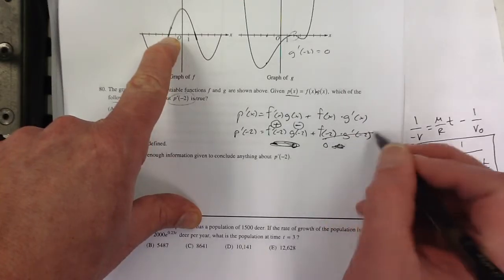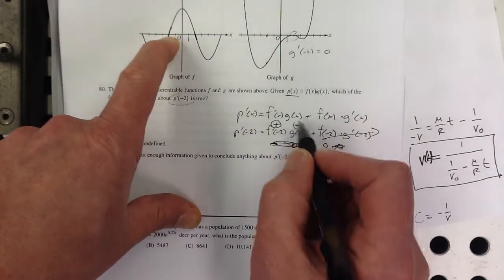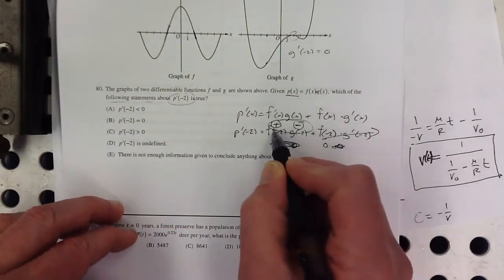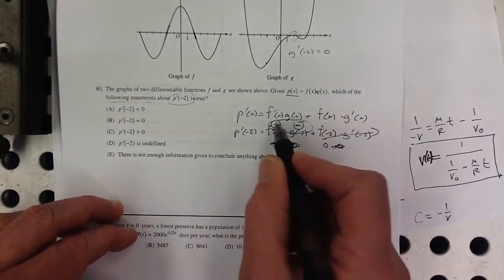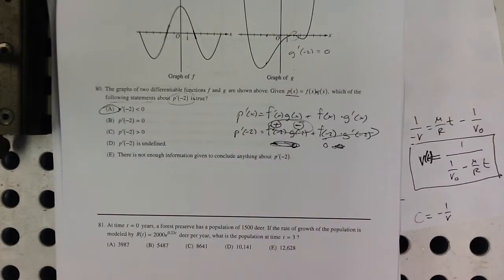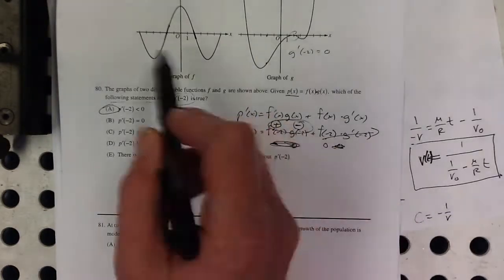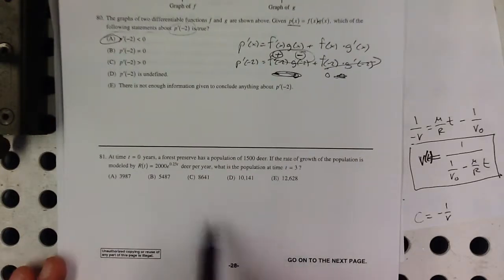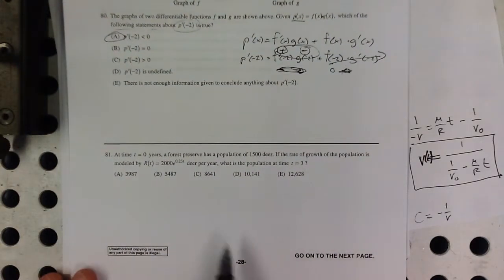So that whole thing is 0, but it's not for the reason that I said. So p prime of negative 2 is going to be negative, because I've got a positive times a negative, and this is 0. There you go. That's a nice kind of problem. They're really not hard if you're not afraid to just do it and see what you can get from the graphs. Alright, this looks like maybe more calculator stuff.